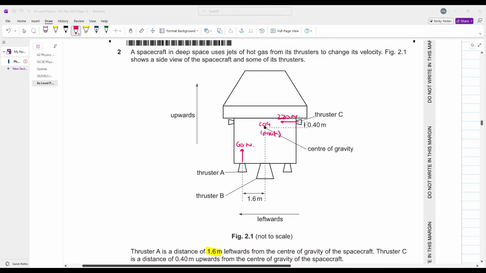First of all, can you realize, beta, the 60 Newton force will cause which type of moment? This 60 Newton force about the pivot will cause a clockwise moment. Sir, how to calculate this clockwise moment? Force multiplied by the distance between the force and the pivot.